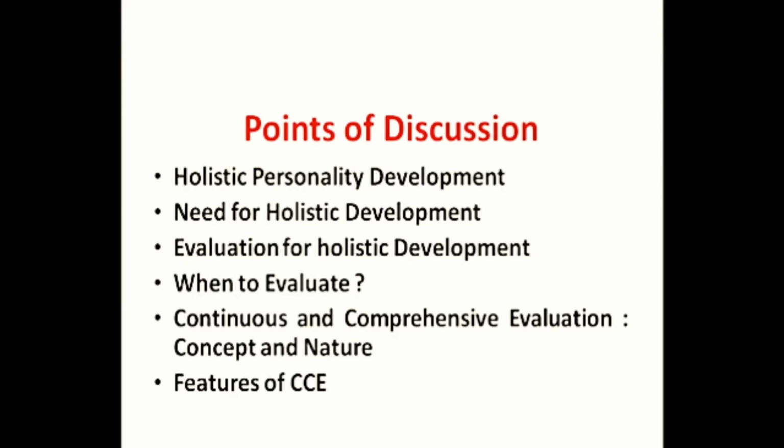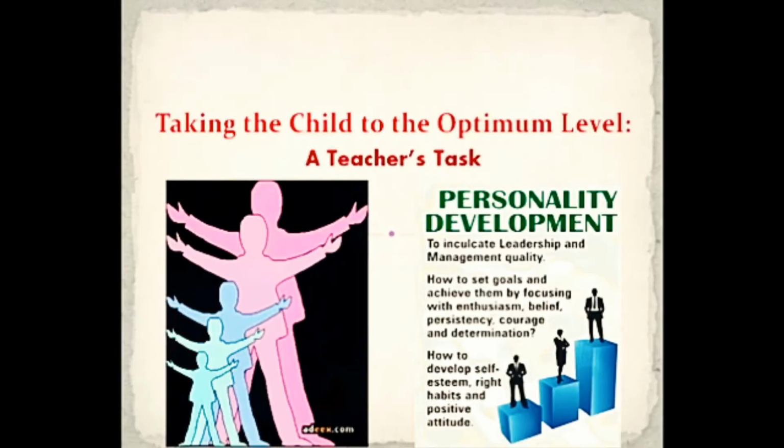So, first of all, holistic personality development. Now, what do we mean by holistic personality development? Now, why do we provide education to the children? What is the main aim of education? The main aim of education, as you all know, is the overall personality development or all-round development of the personality of a child.